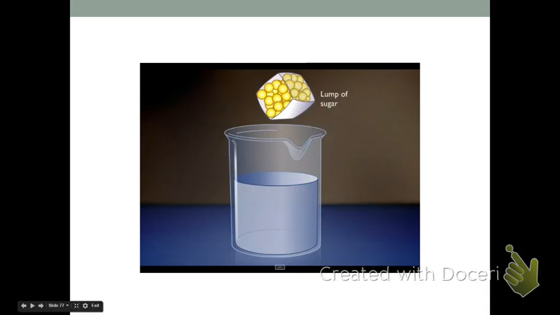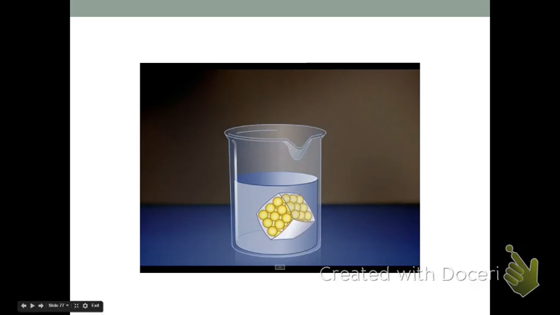What will happen if we now add a lump of sugar to the water? A lump of sugar is composed of many individual sugar molecules, and even as a solid lump, the individual sugar molecules are in motion. When the lump is dropped into the water, it begins to dissolve. Individual sugar molecules move randomly and constantly from the area where they are common to the area where they are scarce.